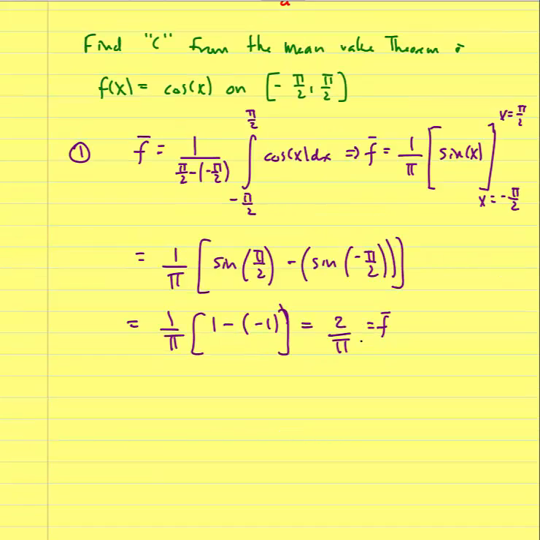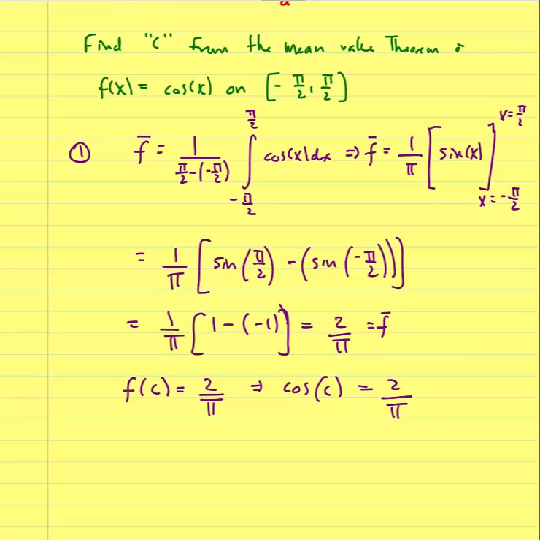So what I'm trying to find here then is f of c equals 2 over pi. Where is this true? Well, let's figure out what f of c is. f of c is the cosine of c, because that's my original given function, equals 2 over pi. Now this is not going to be a pretty solution, but we can definitely find where this is occurring by taking the inverse cosine of both sides.